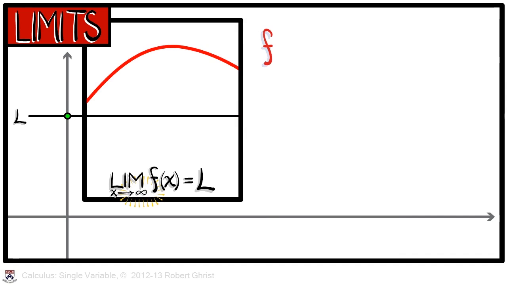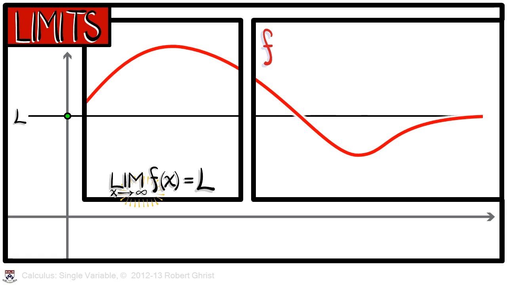Consider the limit as x goes to infinity of f of x. What does it mean for that to be equal to L? Well, we're going to think about infinity as something like an endpoint to the real line, modifying its topology so that it looks like a closed interval.